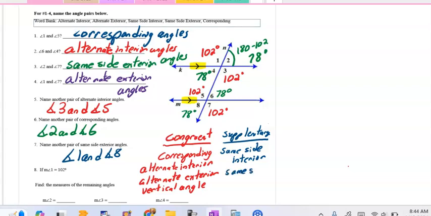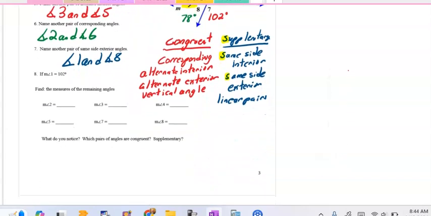So same side exterior angles are supplementary. And one way to remember that, supplementary starts with S, so does same. So they both start with S, so they are supplementary. And then from the last unit, we know that linear pairs are also supplementary.